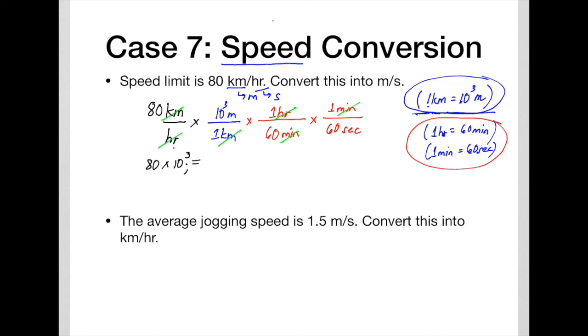So we have here 80 times 10 raised to 3, press it in the calculator, and then press equals, and then press divided by 60, and then press equals, and then after that again press divided by 60 and press equals.